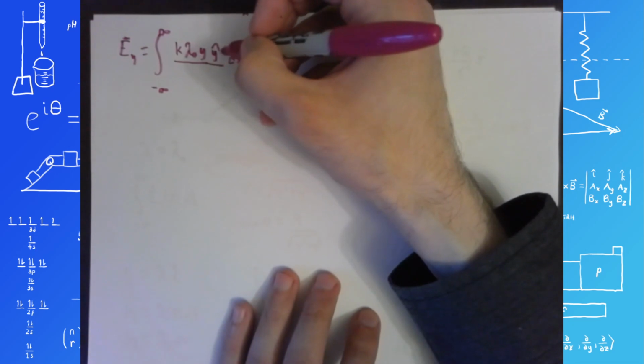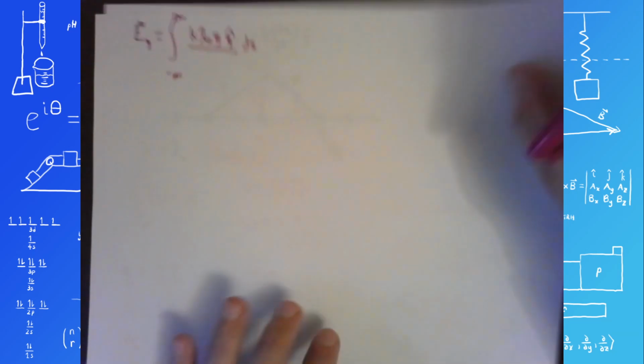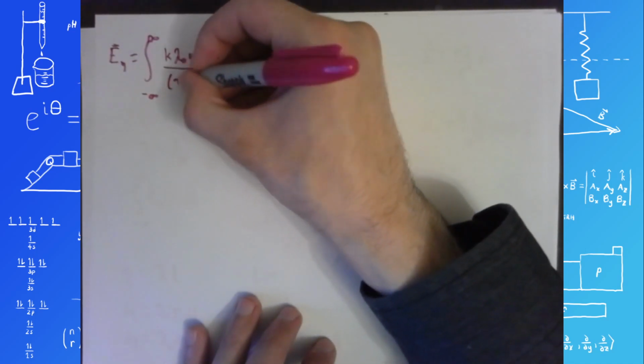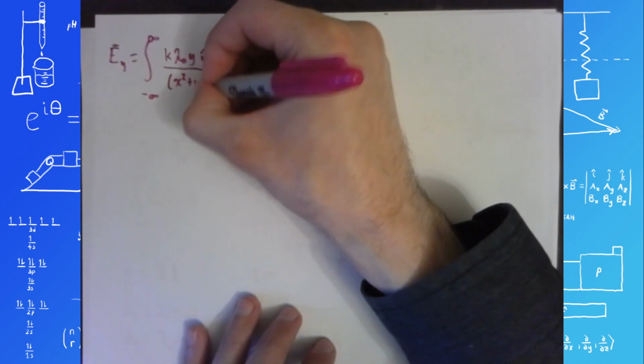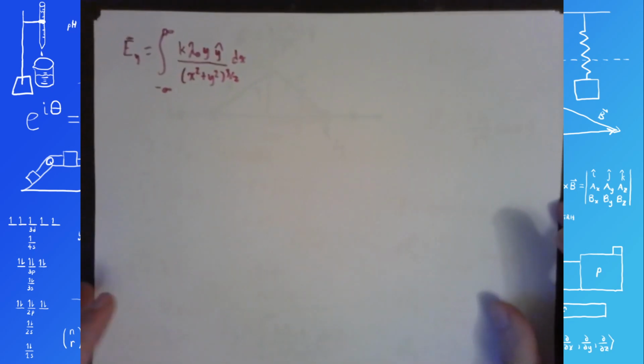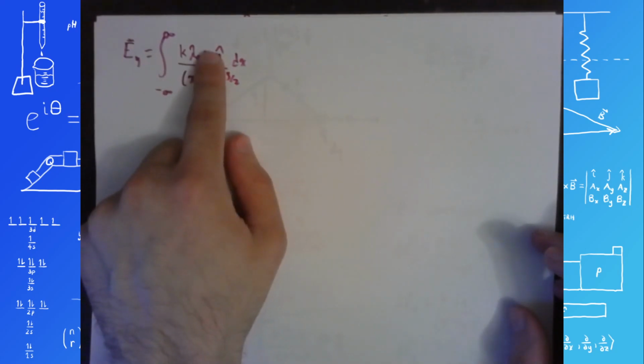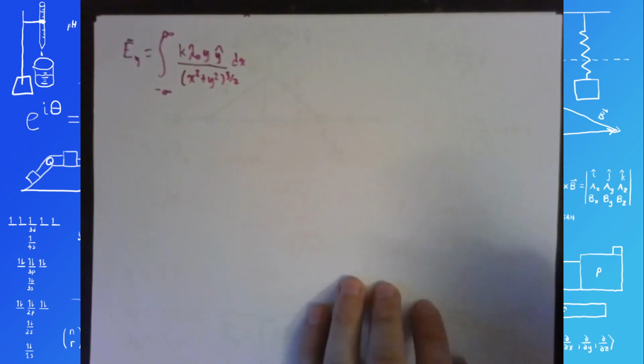So k lambda 0 y hat dx over x squared plus y squared to the 3 halves. Okay, calculus time. So all this stuff is constant and can be pulled out of the integral.